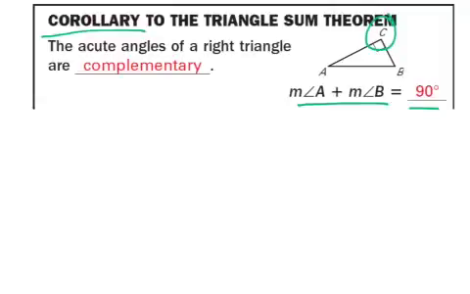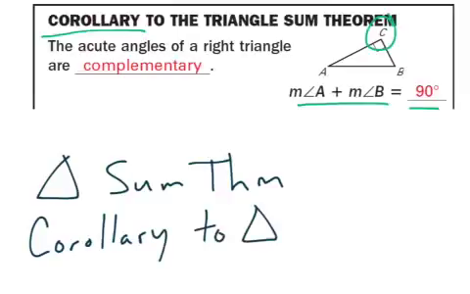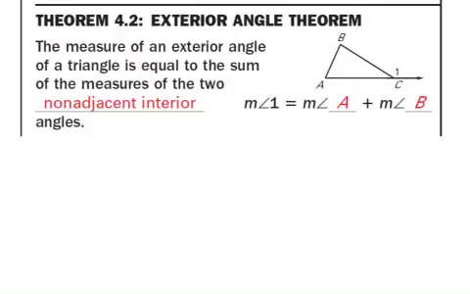If you ever have to use these in a proof, you can abbreviate it triangle sum theorem or corollary to the triangle sum theorem. Those two have names, so you can use those names.